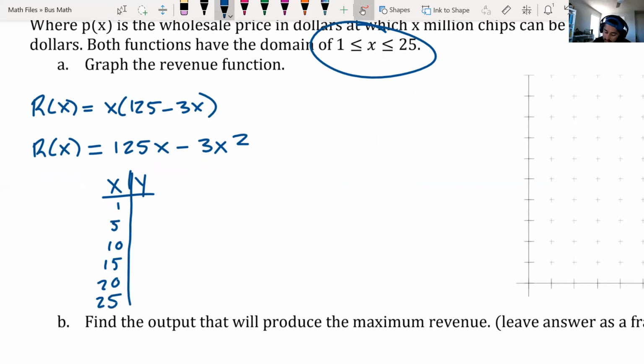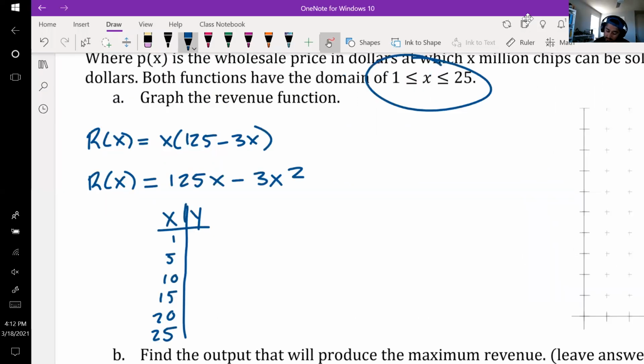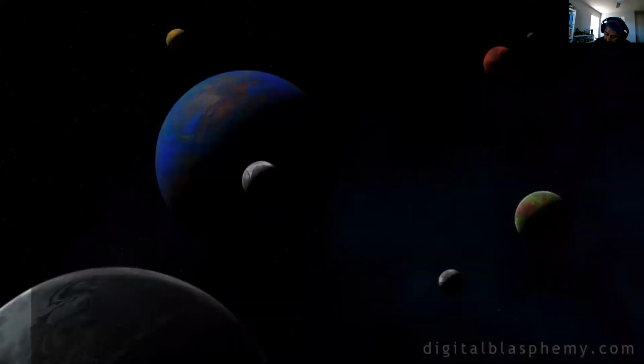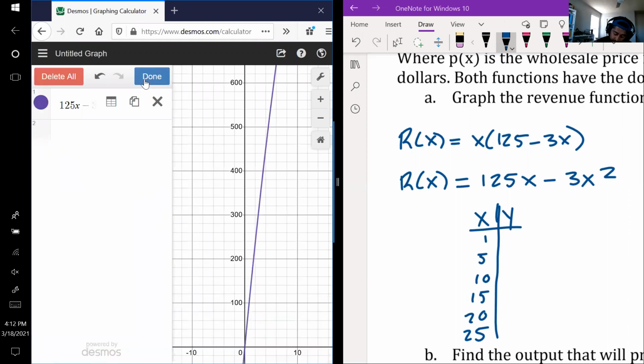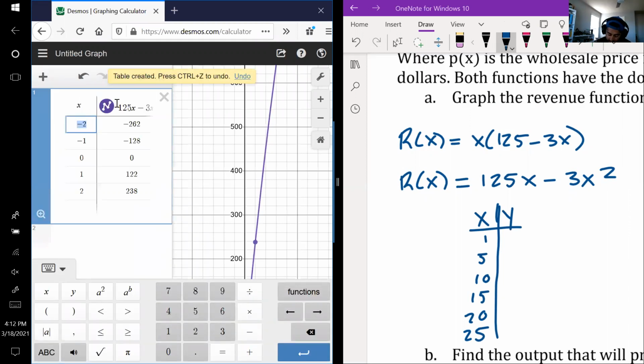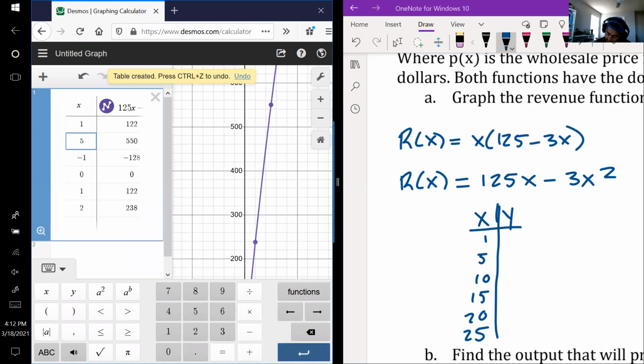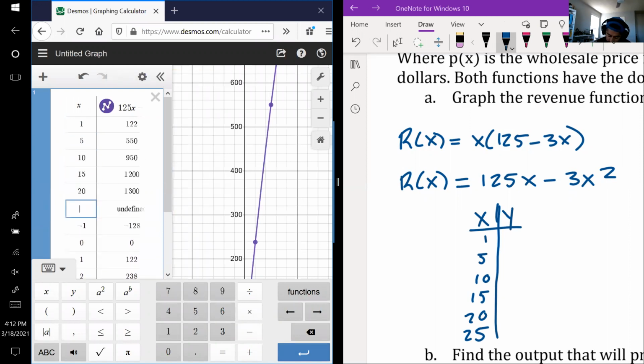Okay. And now here's where good old Desmos is going to come in. I'm going to type in this revenue function, 125X minus 3x squared. I'm going to do my table and type in these numbers: 1, 5, 10, 15, 20, 25.